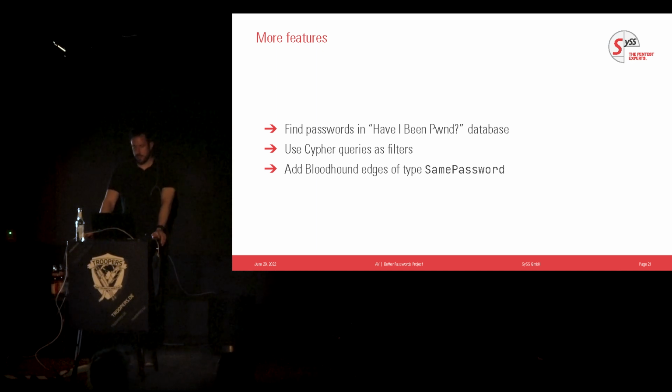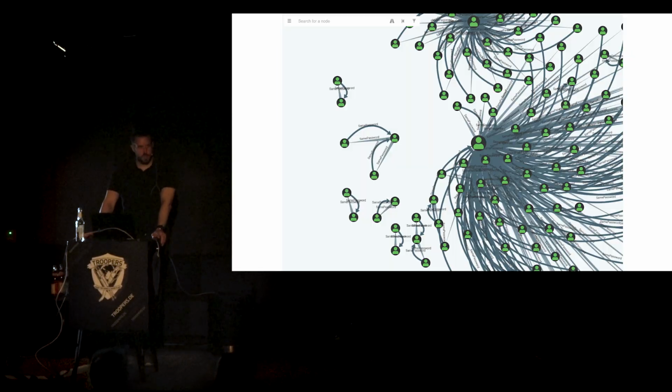It's an edge type called same password, and this enables you to generate graphics like this. You can visualize the clusters of accounts that all use the same password. This is from real data. This is pretty typical, that we see something like this. And here, just as a quick comment, these are now actual clusters.